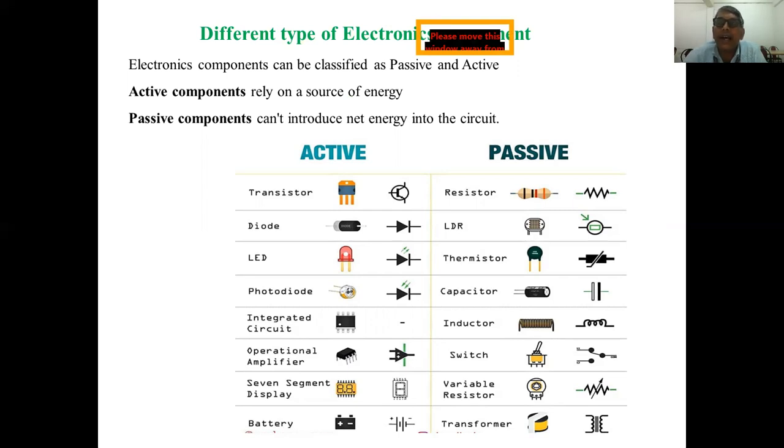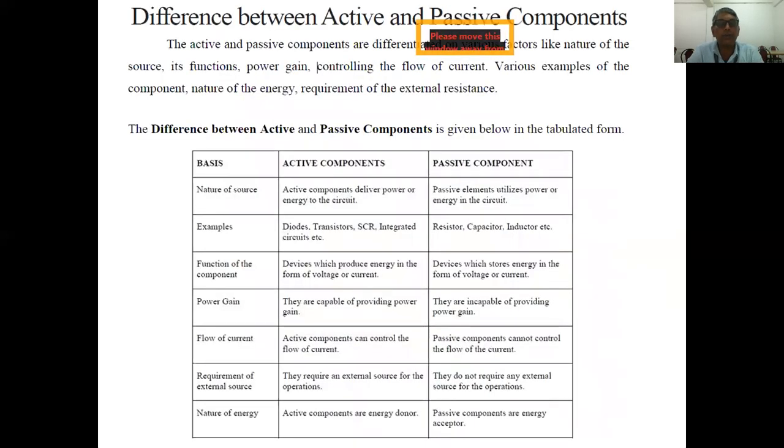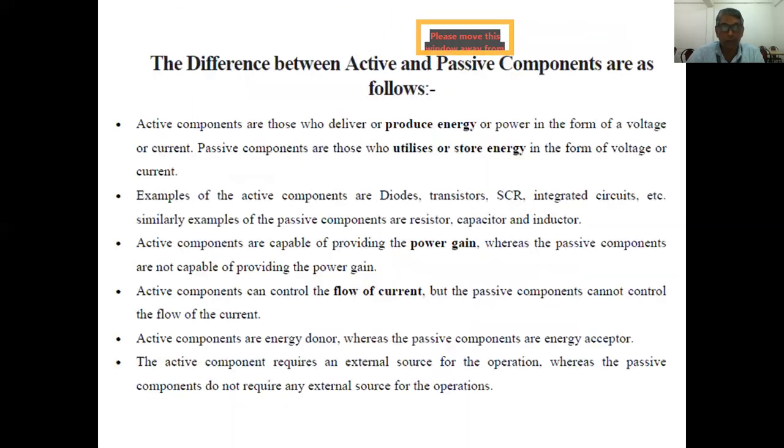These are all considered active components. This is just an example of one circuit I'm showing, where we have shown an active element as a battery and a passive element as a bulb, and these are the electrical connections we made. Again, in this unit you are going to study the comparison of active and passive components, which we have shown here.